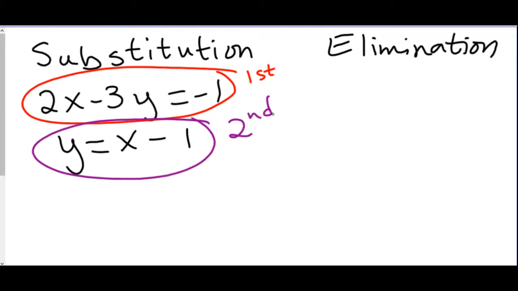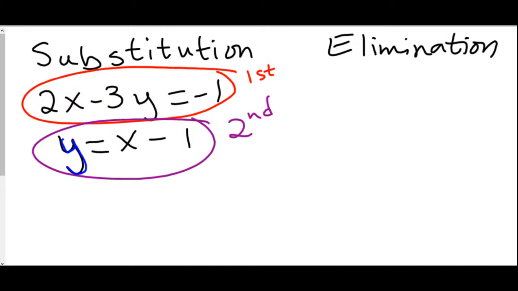And in either of those equations, we know substitution is best when we can find one letter by itself. So the letter y is the one we're going to say is the one letter by itself. We know 2x up here is not by itself because it has a 2 right next to it. 3y has a 3 next to it.